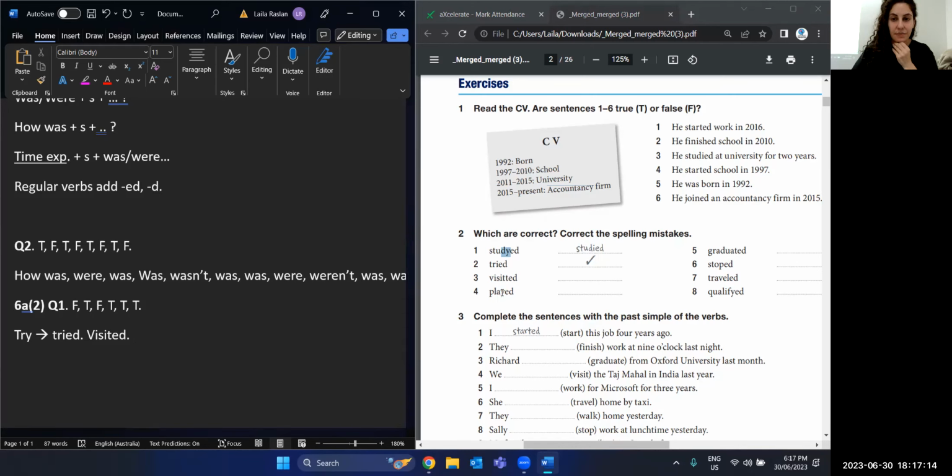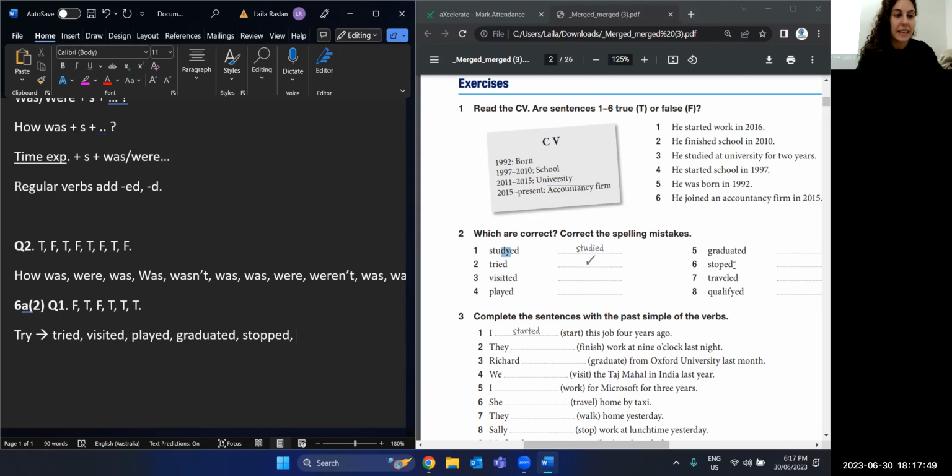Played. Correct. Yes. So that one, played. Graduated. Correct. Yep. Stopped. Mistake. Yes, there's a mistake. How do we spell it correctly?